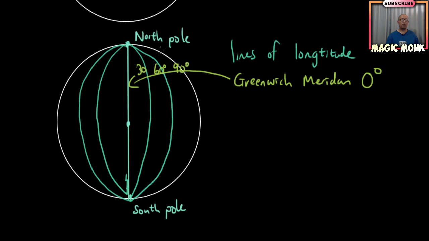It can go all the way around to 180. So let's put east, east, east. And then we have 30 degrees west, 60 degrees west, 90 degrees west. It can go to the west, it can go to the east.